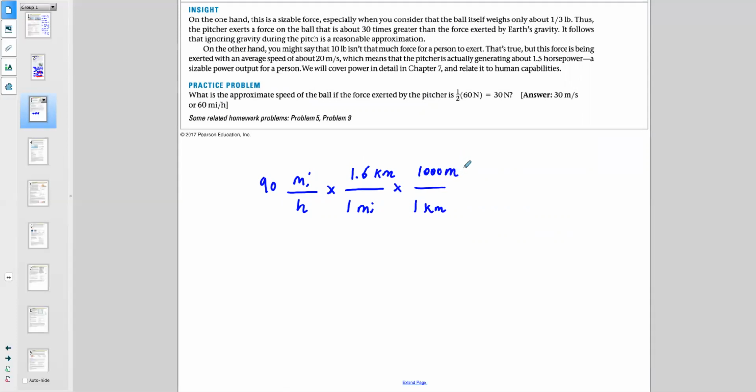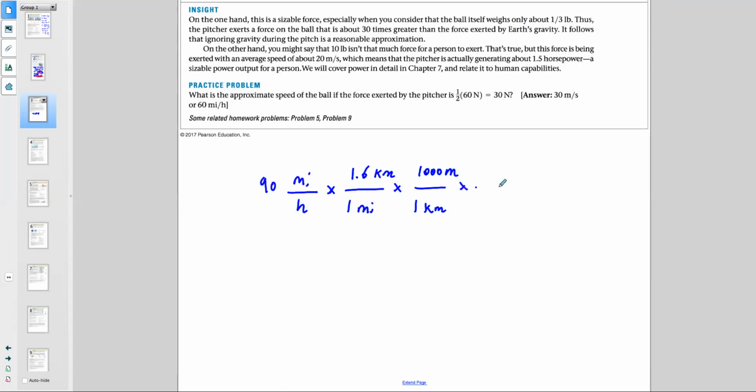So let's take a look at what I have done. I have changed a mile here to meters, because this kilometer and this kilometer will cancel out. One is in the denominator, the other one is in the numerator. This mile and this mile will cancel out, and I am left with meters per hour. But I have to get rid of this hour as well.